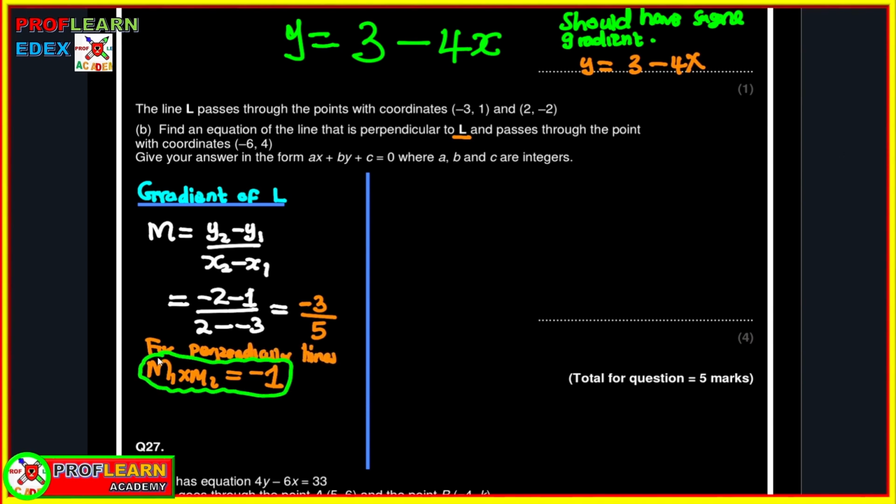Meaning that using this, we can substitute the gradient that we obtained from the previous question in order to find the gradient of this line that passes through negative 6, 4. Okay, let's see what we're going to substitute here.